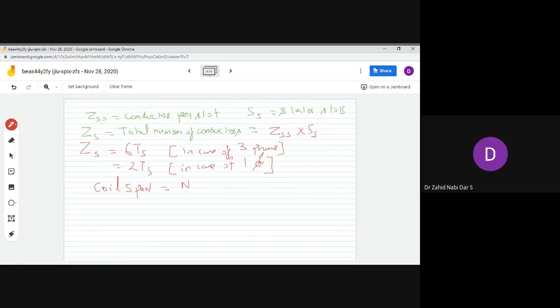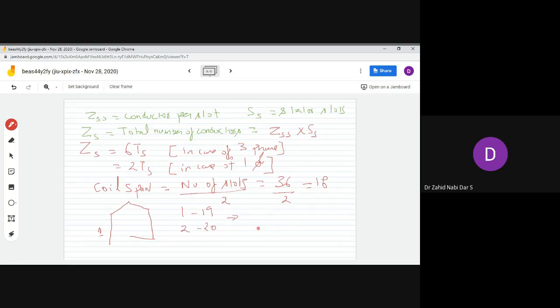The number of slots, if you see, are 36, divided by 2 is 18. So what does this mean? This means, see, if you have this construction 1, and you have like this, then your one winding would be connected with the 19 winding. The second winding would be connected with the 20 winding.